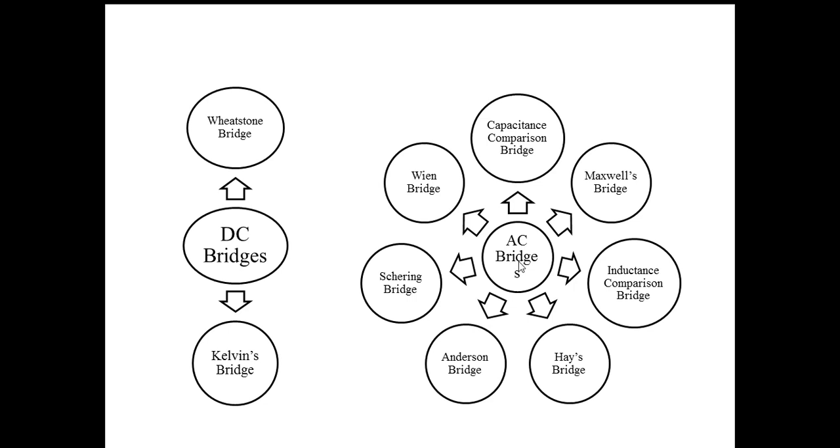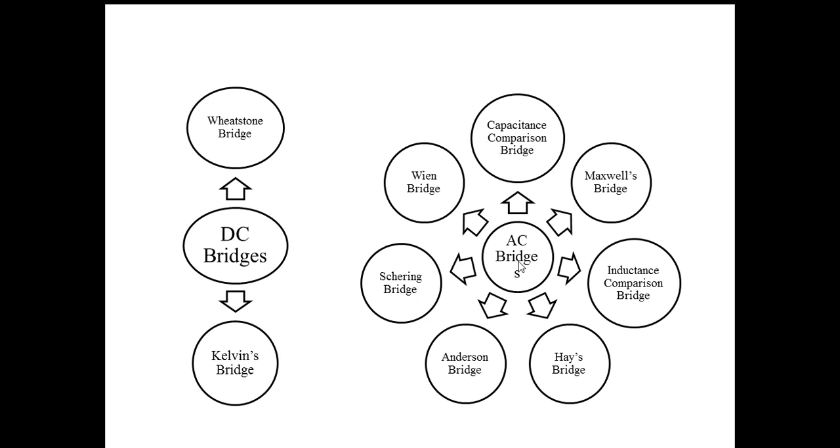Like only R is there, only L is there, or only C is there, which is purely resistive, purely inductive, or purely capacitive. Other than these three, there could be combinations, such as resistive-inductive, resistive-capacitive, and resistive-inductive-capacitive, which is nothing but your RLC circuit.